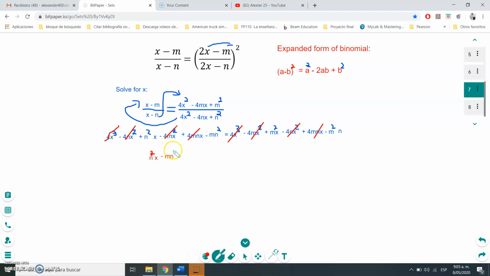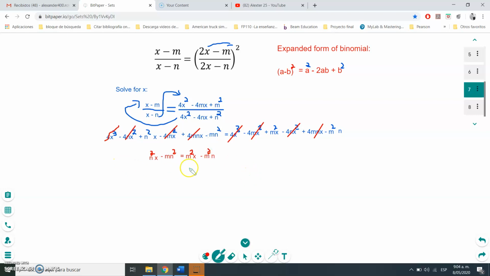All right, and to the other side we have m²x minus m²n, so it will be equals m²x, all right, so we have m² here, m²x minus m²n. Okay, so we already have these terms organized.